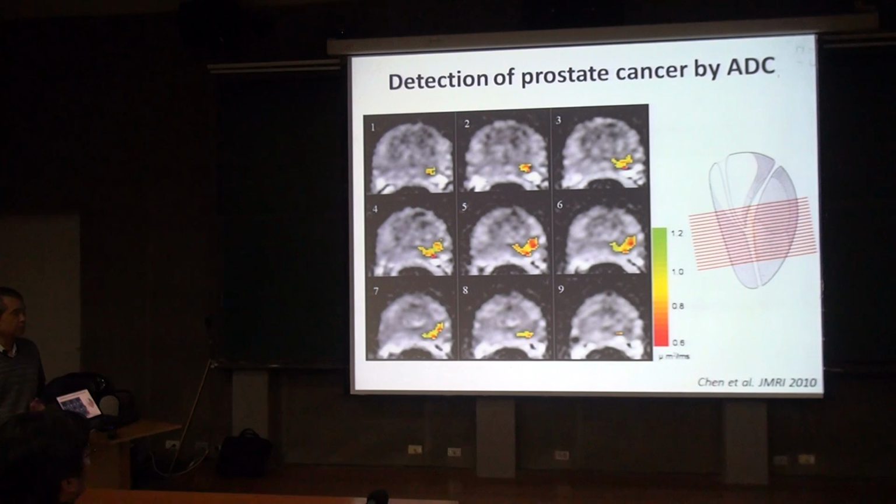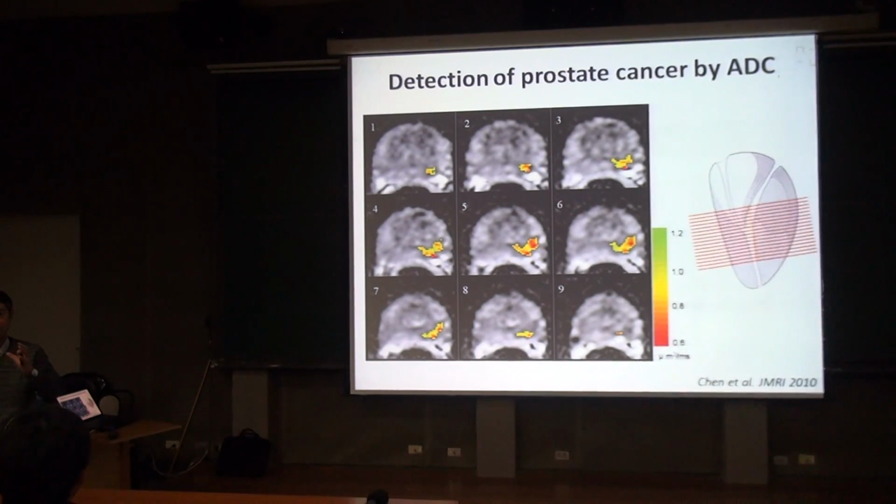This region actually shows decreased diffusion coefficient, okay? So what does that mean? These regions actually are the cancer regions. So this is the prostate cancer in this region. And why will the diffusion coefficient be decreased in cancer?